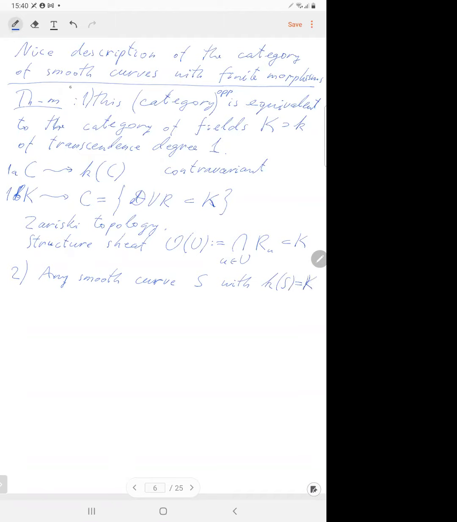But now, yeah, by the way, I'm sorry, when I formulated the theorem, I should say that this was not just smooth, but smooth projective curve.